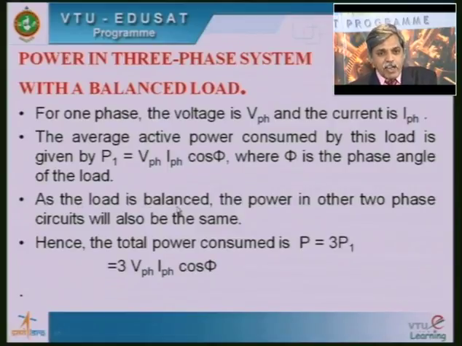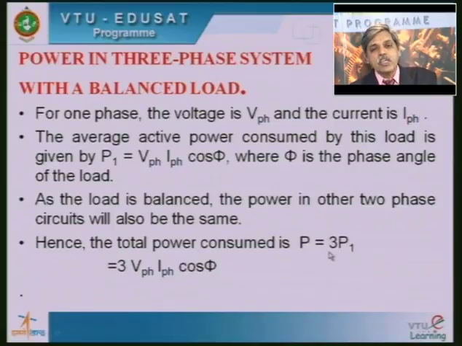As the load is balanced, that means all the three phases are identical, the power in the other two phases will also be the same value. This happens only in the case of balanced loads. So, I am just calculating the power in one of the phases and multiplying it by 3, so that I get the power in all the three phases.